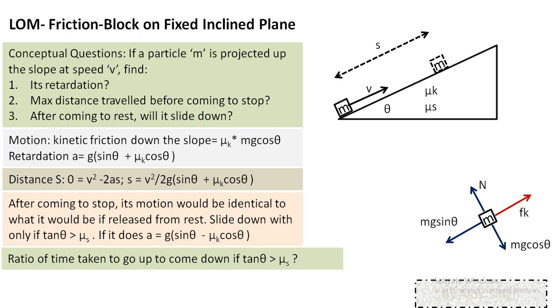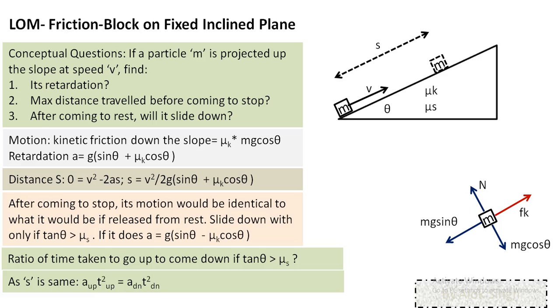We can add a further question: what is the ratio of time taken to go up vis-a-vis time taken to come down if tan theta is greater than mu s? So we know the upward direction acceleration, which is retardation. This is the acceleration in the upward direction. We also know the acceleration in the downward direction. This is the value.